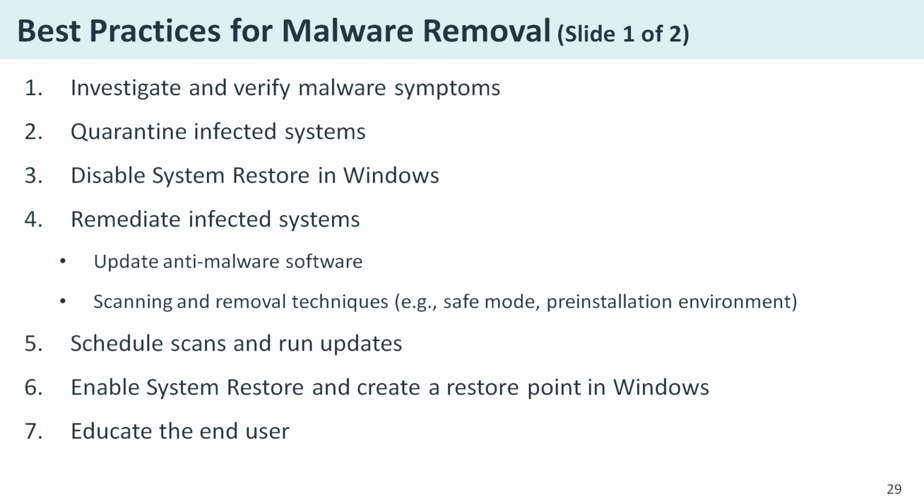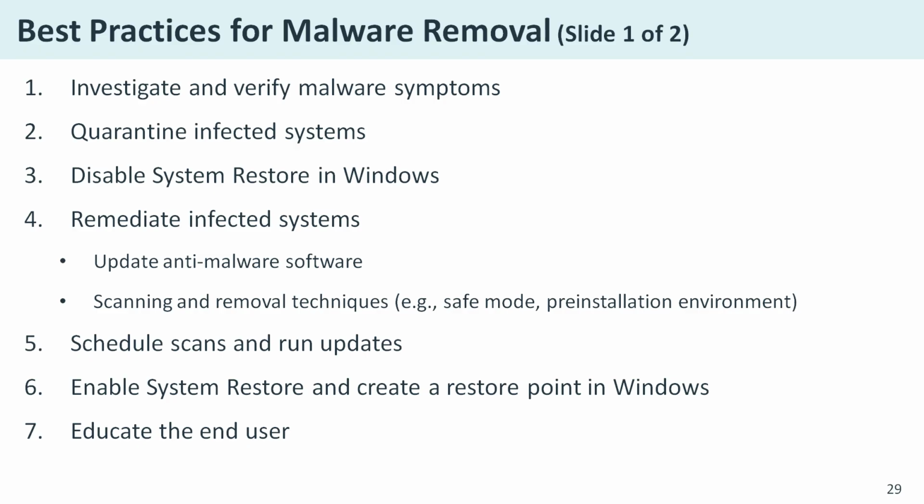So always update your antivirus software. Always update it. Scan and remove techniques: safe mode, pre-installation environment, scheduled scans. Enable system restore and create a restore point in Windows. So when you finish removing the malware, you can enable system restore and create a restore point. So the malware is gone now.